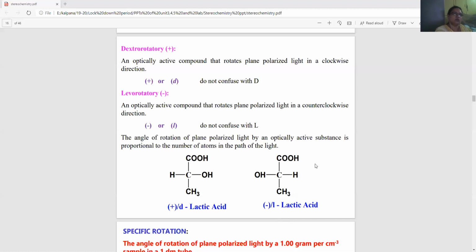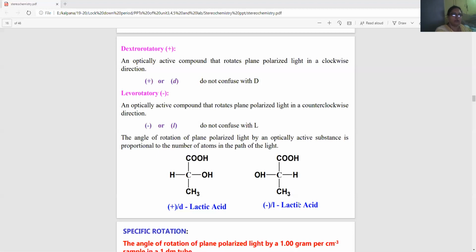That means this lactic acid has rotated the plane polarized light in a clockwise direction. The same sample, if it rotates plane polarized light in an anti-clockwise direction, is given as minus, or written as small l.